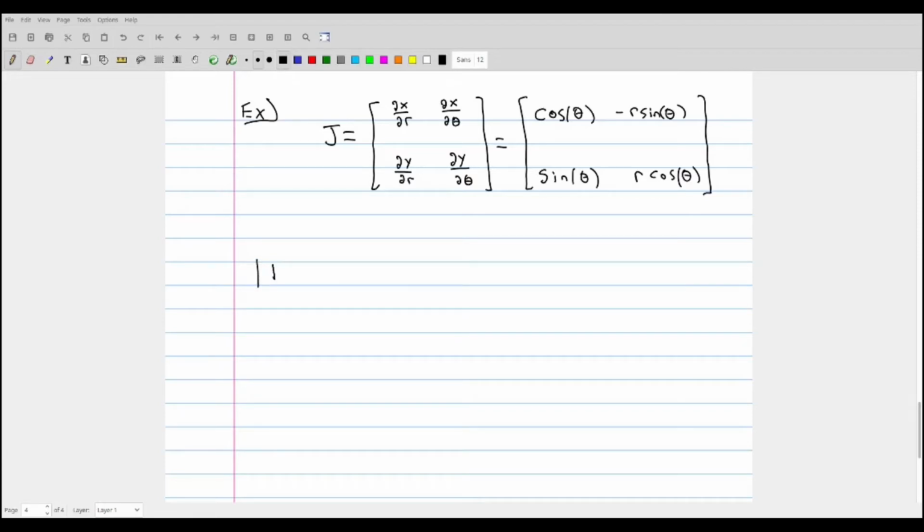The absolute value of the determinant of the Jacobian matrix is just going to be the absolute value of cosine theta times r cosine theta, minus sine theta times negative r sine theta.